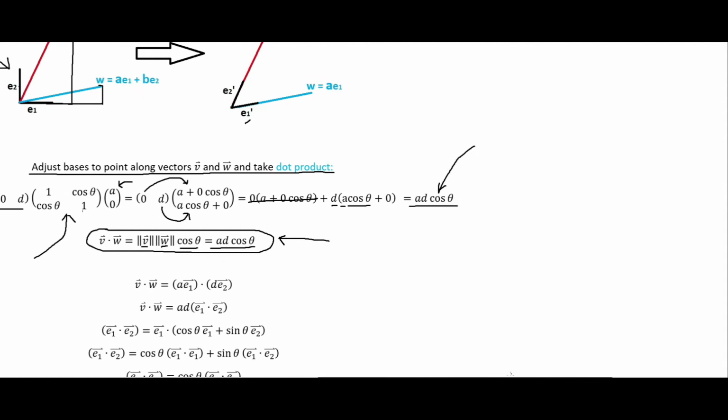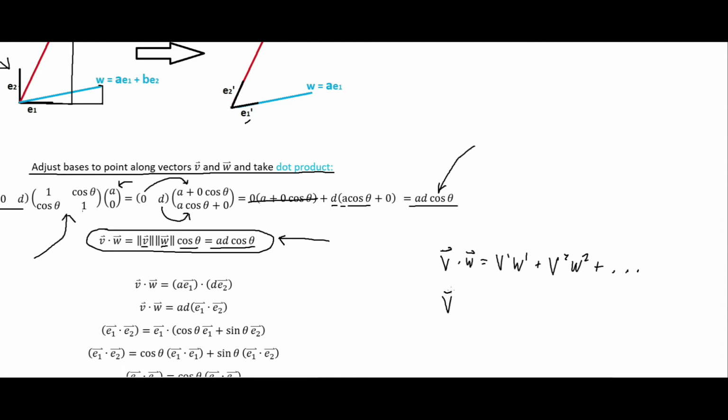So I said this is the other version of the dot product. The first version that we talked about was where we had our v dot w, which was equal to v1 w1 plus v2 w2, and that could go on depending on how many dimensions we are in.